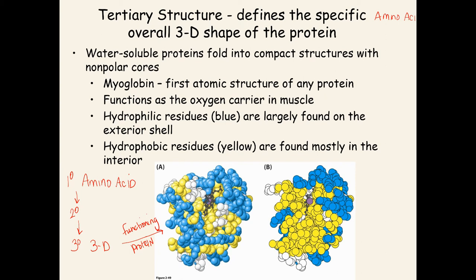And then we're also going to talk about hemoglobin, which shows quaternary structure. One of the first things I'd like you to think about is, when a protein folds, if the outside of the protein is going to be in contact with water, the amino acid residues, and residues is the word we use for an amino acid R group, on the outside of the protein would have to be hydrophilic.